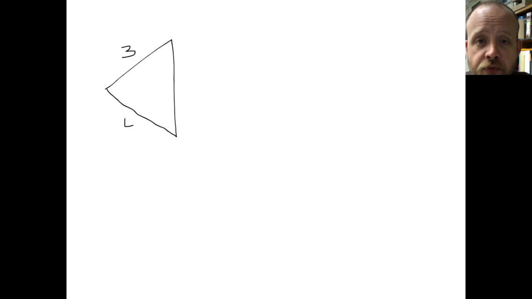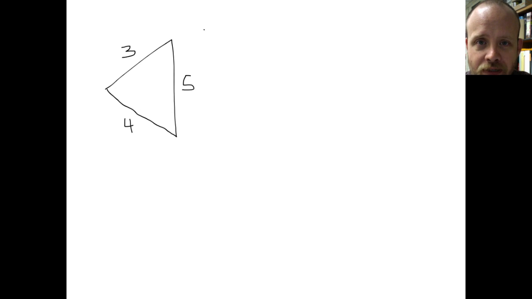So let's start by examining a pretty basic triangle, what we can use the Pythagorean Theorem for. So here's a triangle where we don't know if our artist is any good. As I said before, I'm a horrible artist. I can't draw a good triangle to save my life. But here's a triangle that has sides of 3, 4, and 5. But you'll notice we can't tell if there's a 90-degree angle.